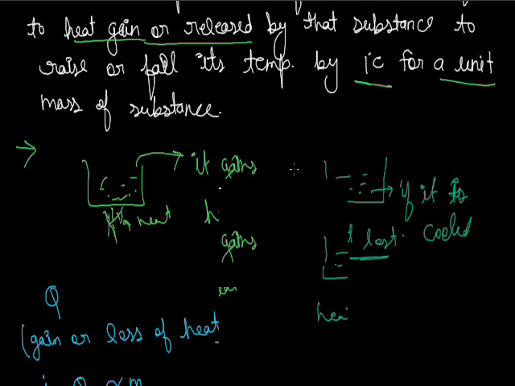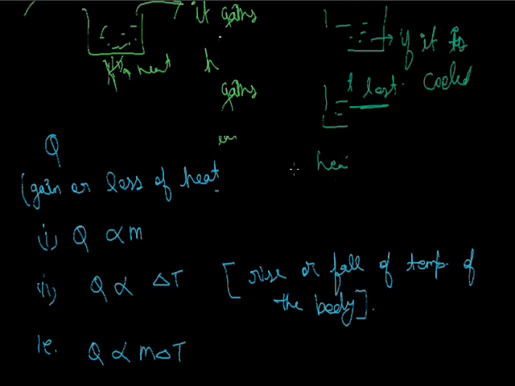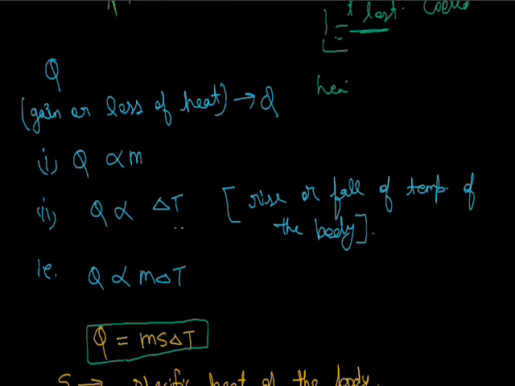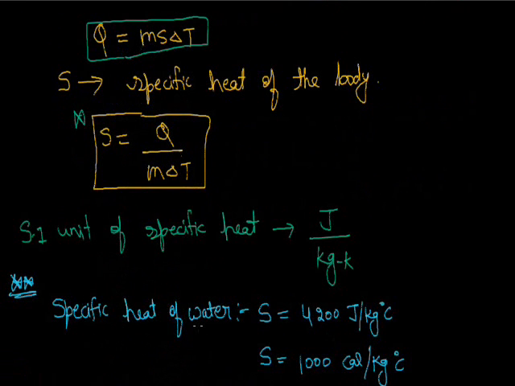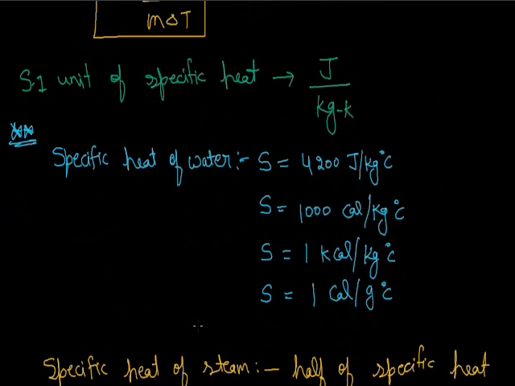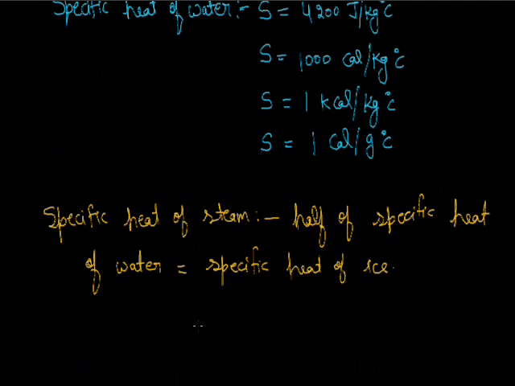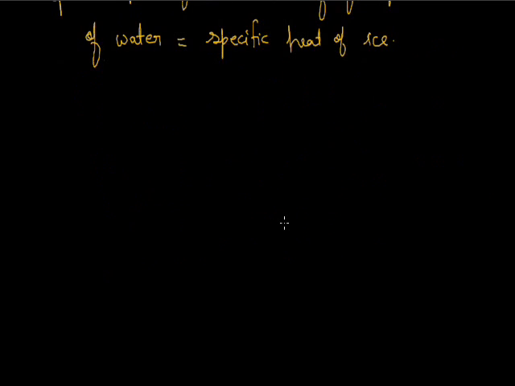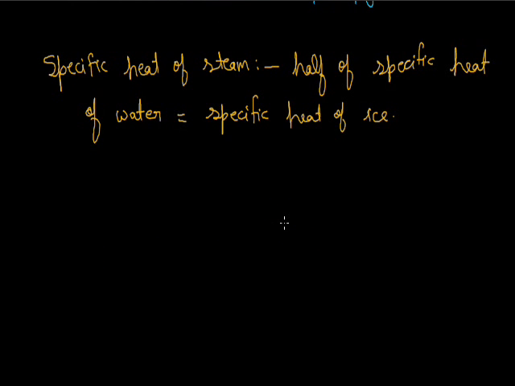The formula is that heat gain or loss is directly proportional to the mass and delta T, so Q is equal to m s delta T. The SI unit of specific heat is joule per kg Kelvin. Specific heat of steam is equal to half of the specific heat of water, which is equal to the specific heat of ice. This is about specific heat.